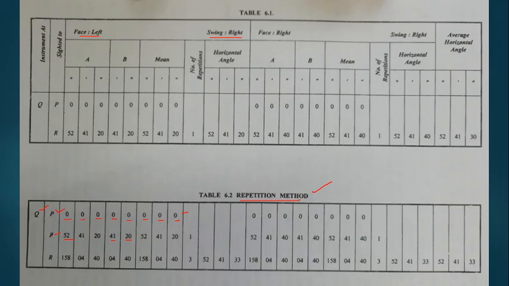That means in vernier A, if I got 52 degrees 40 minutes as the main scale reading, that 40 will be added here also. Therefore 41 minutes and 20 seconds on vernier B. Then the average of these two will be 52 degrees 41 minutes and 20 seconds, and this is the first set reading, the repetition one horizontal reading.